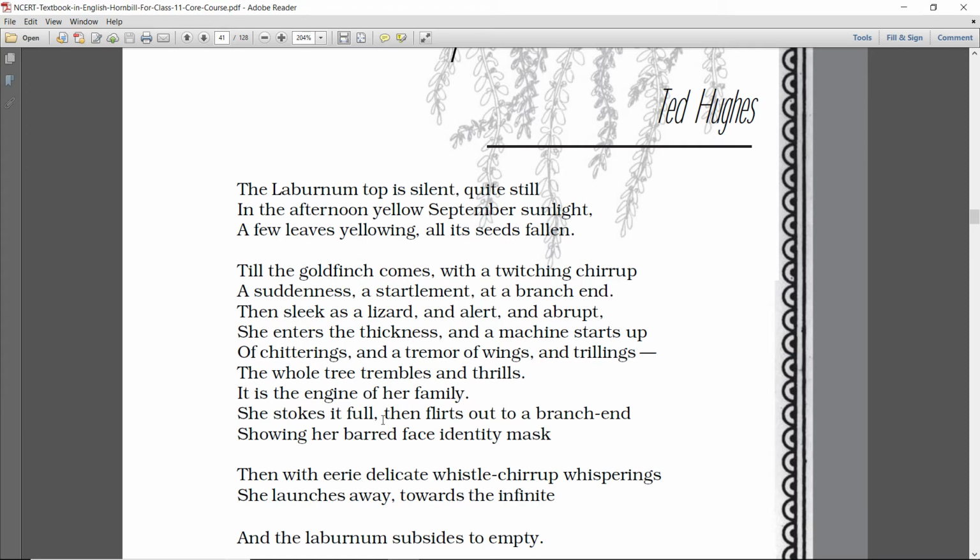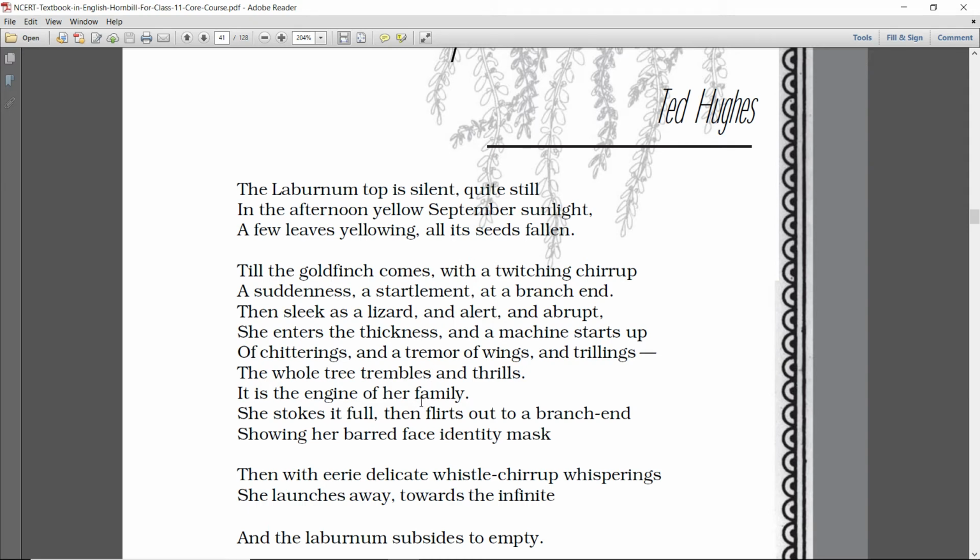We know that without the goldfinch, the tree was silent and quite still. So the goldfinch is the reason for bringing a lot of joy and happiness to the life of the tree. So their relationship is very important.